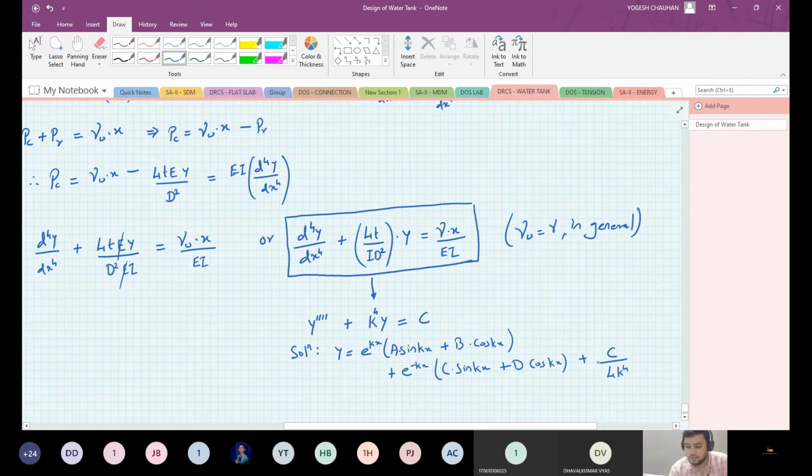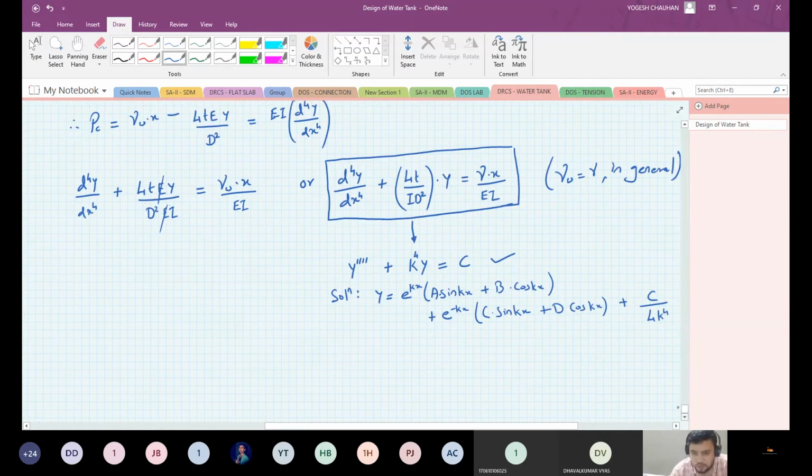So this is the solution for this differential equation. What we can do is transform this differential equation into this form, and we can have the solution in this form.